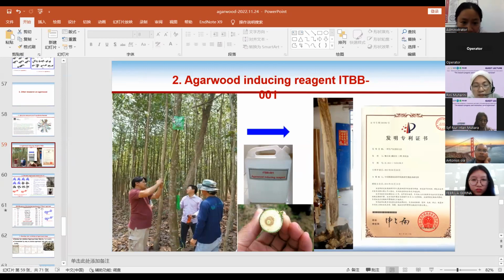In this bag here, can you see this bag? This is a green bag. This green bag has the reagent. We put it inside, and here there is a tube.